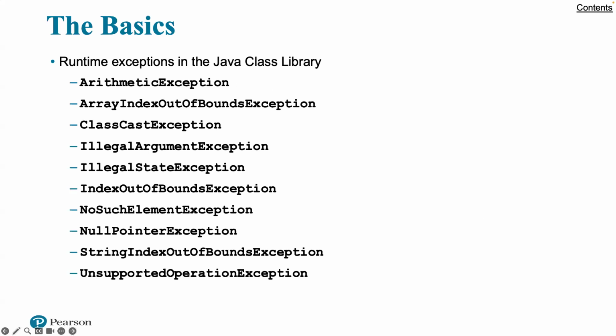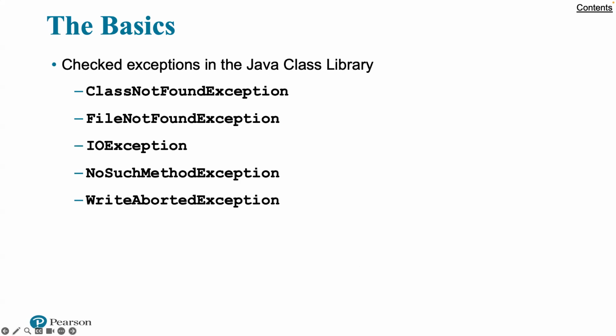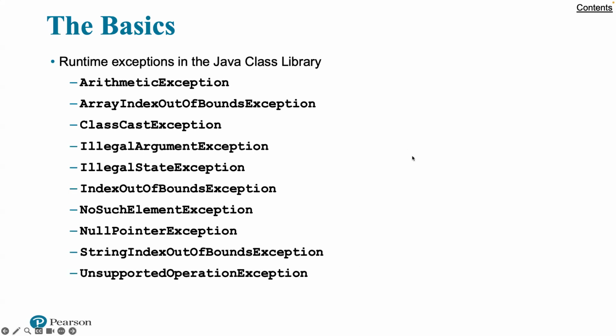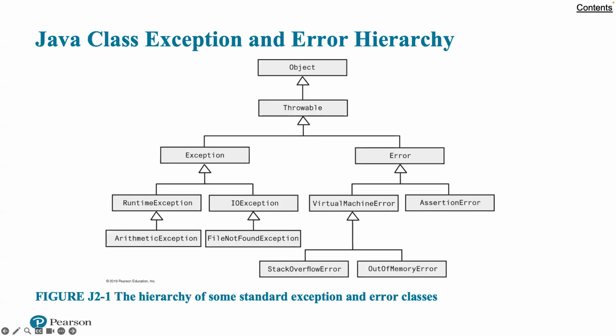This is a listing of the checked exceptions, and then we get into the runtime. By having a variety of these exceptions, it can help you with troubleshooting your code. And maybe some of these are something that you can handle. That's what's laid out here.